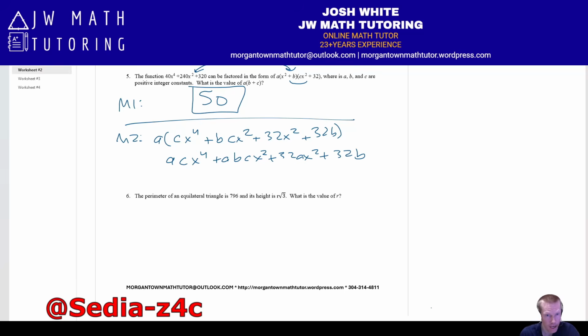All right. Now, what you're going to do is you're going to match up the original expression and, basically, the coefficients. So we know that 40x to the fourth matches up with acx to the fourth. We know that 240x squared matches up with these two terms. And we know that 32b matches up with 320.